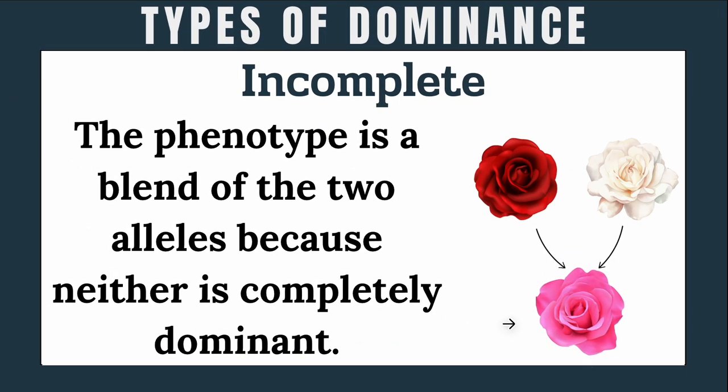Incomplete dominance is the phenotype is a blend of the two alleles because neither is completely dominant. Your example here, if you have a red rose and it breeds with a white rose, you're going to get a pink. So neither of them are completely dominant, so it's not going to be just red or just white. It's going to be a mix of both of them.